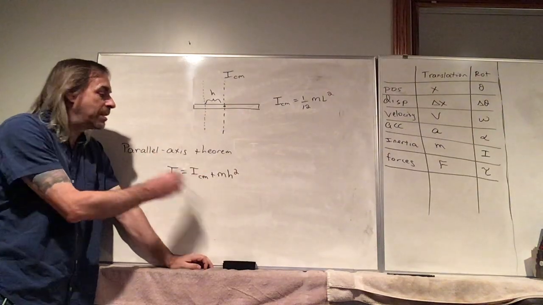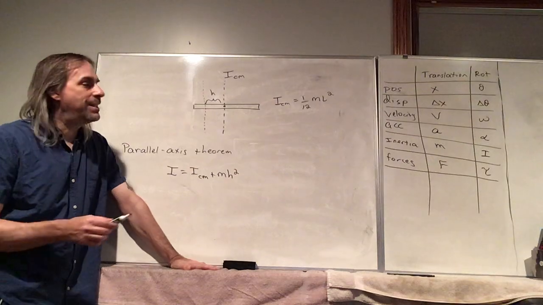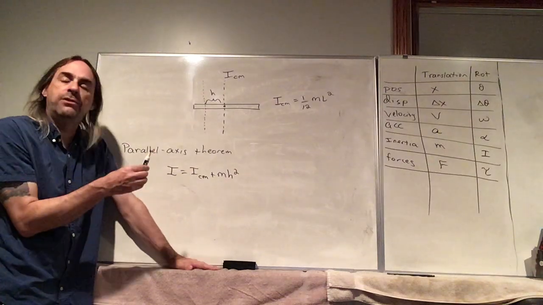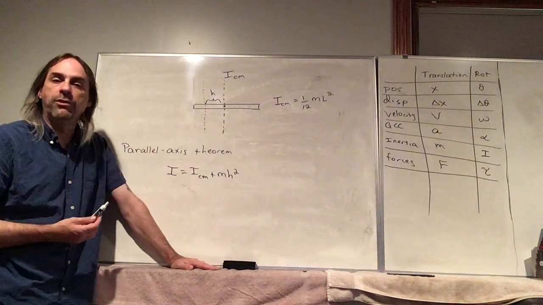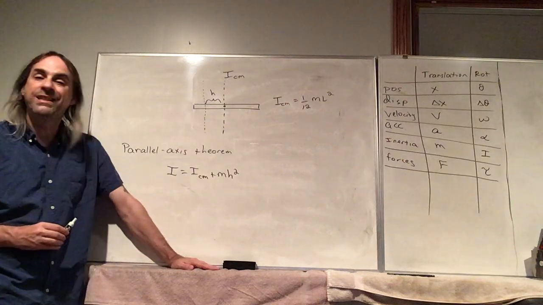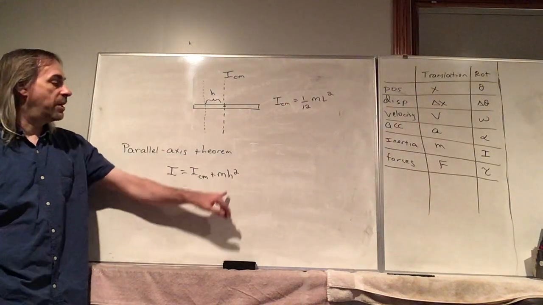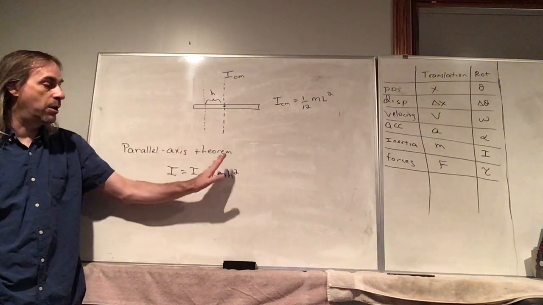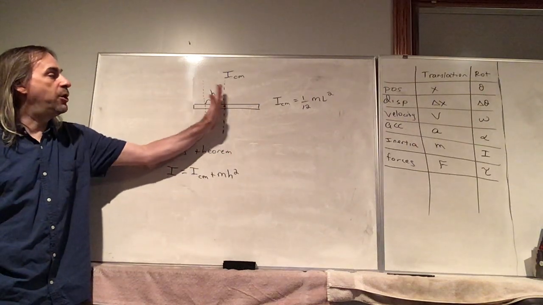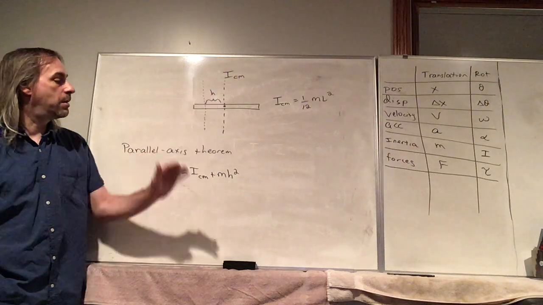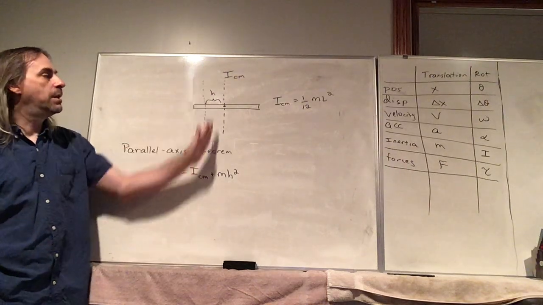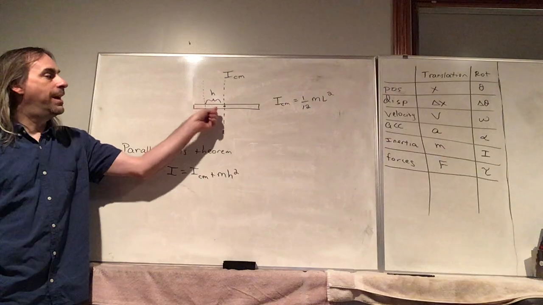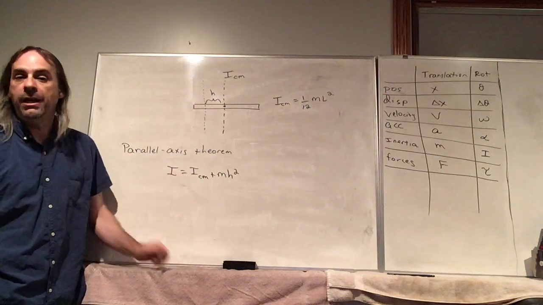An important consequence of this is we can see the axis that gives you the lowest moment of inertia is the one going through the center of mass. Because if you're going through the center of mass, h is 0, so this whole term is 0. If you go about a different axis that's not through the center of mass, h is just the distance.